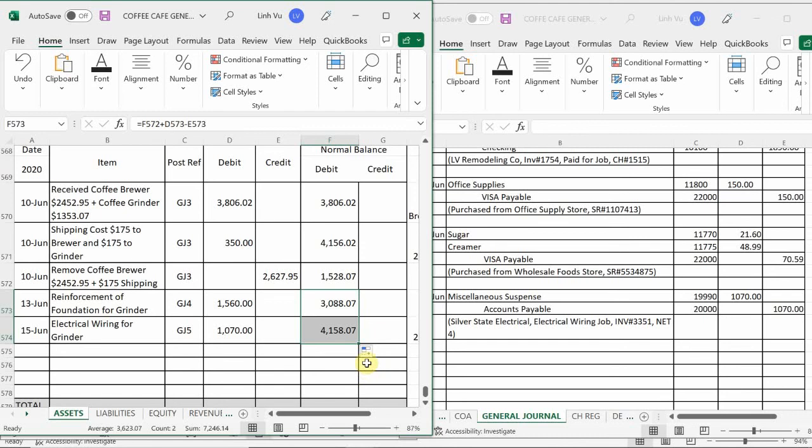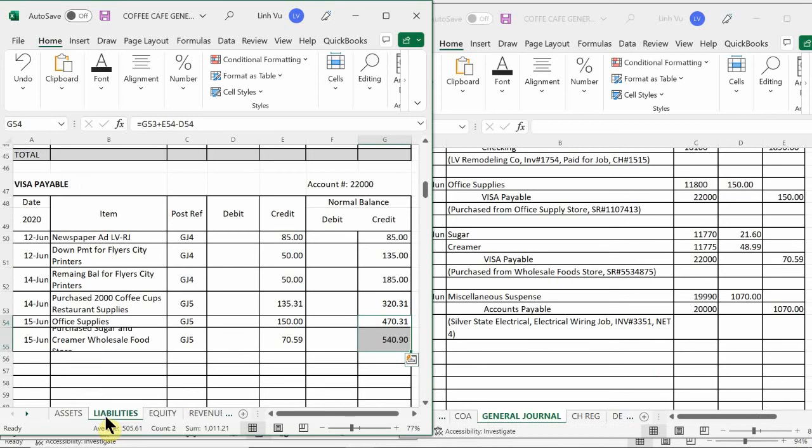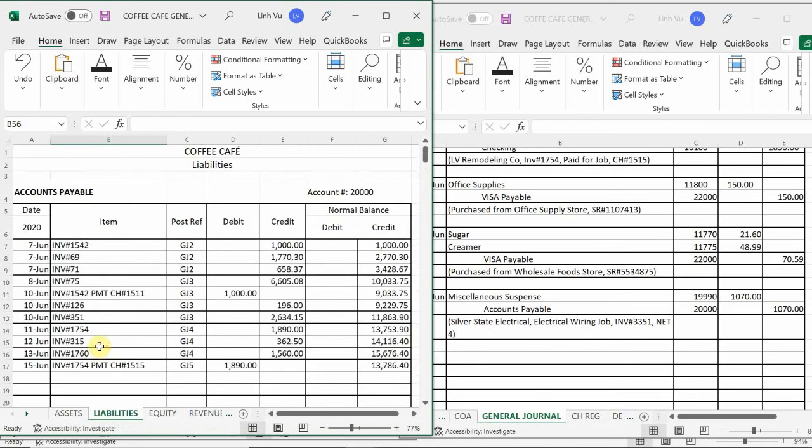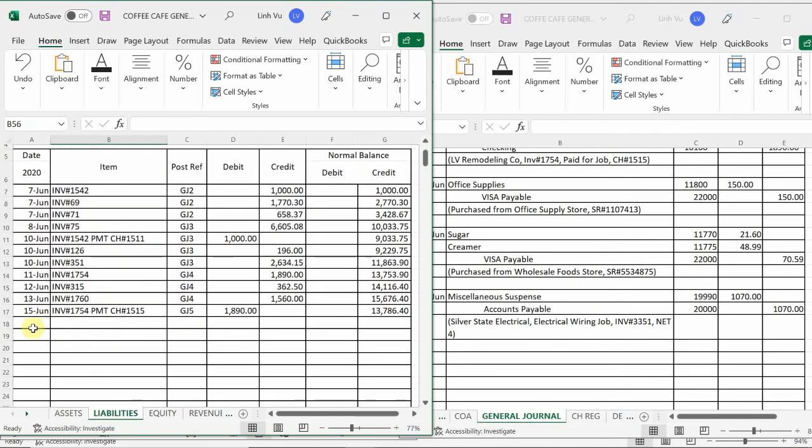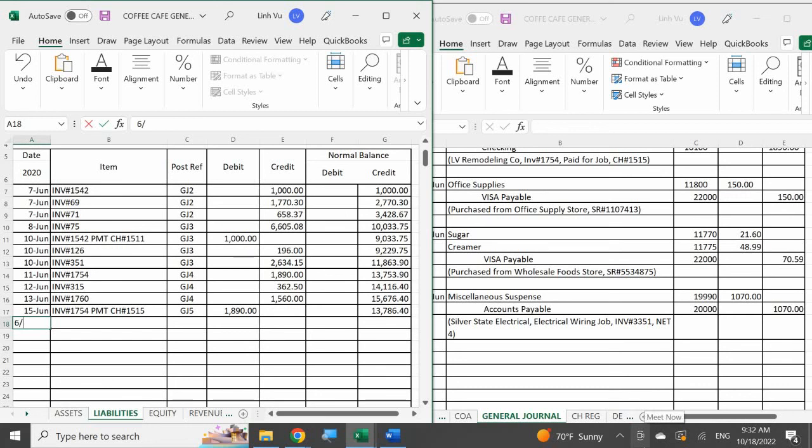I need to record that I received a bill because now I owe more money, right? So I've got to go to my accounts payable to reflect that I owe more money for this electrical wiring job. Okay. What's the proof of a transaction? Invoice 3351.